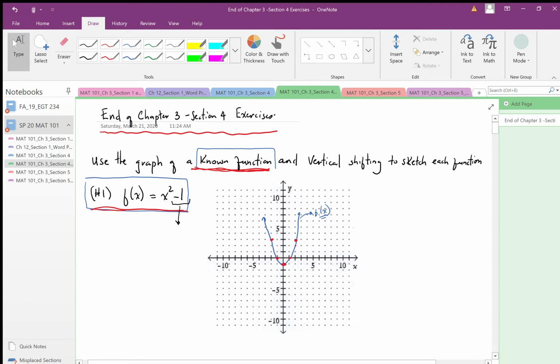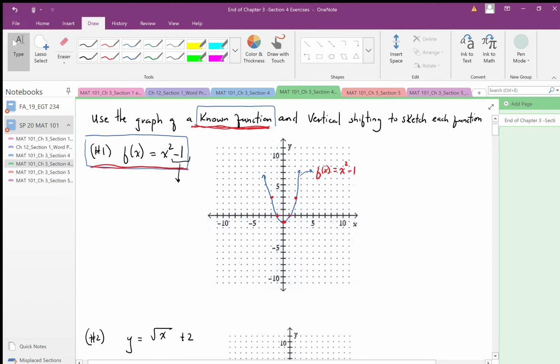So now this becomes f of x equals x squared minus 1. The previous one was actually f of x equals x squared. Okay, so that's how you do the first problem.